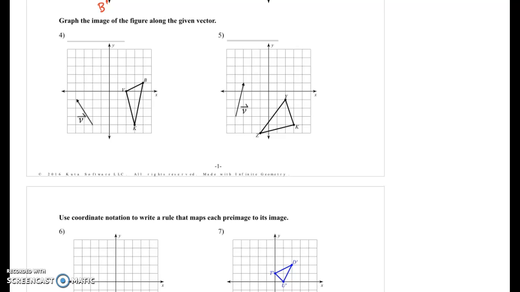It says graph the image of the figure along the given vector. This piece here is my vector. It tells me which way I'm going and by how much. This point here, where it starts, is the initial point.